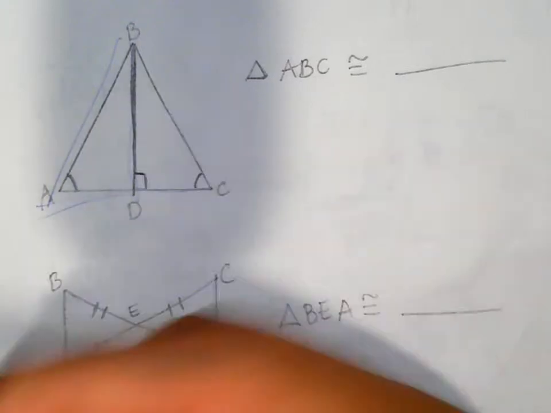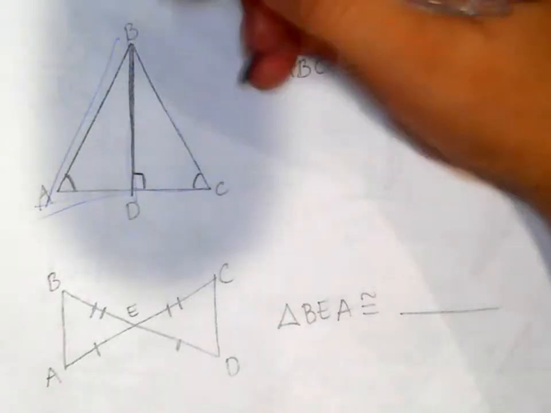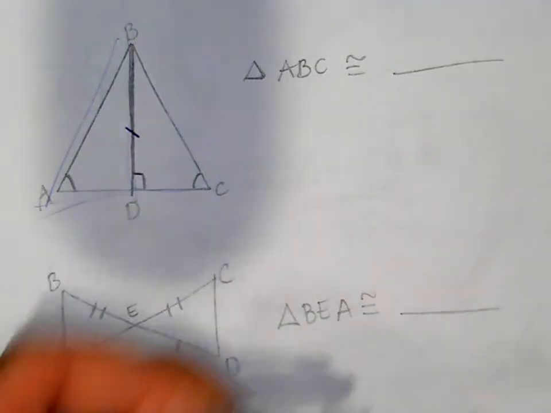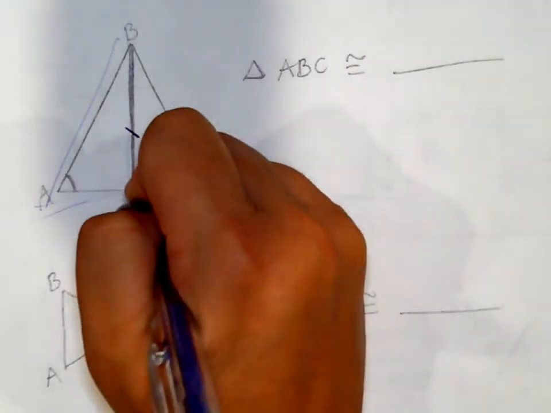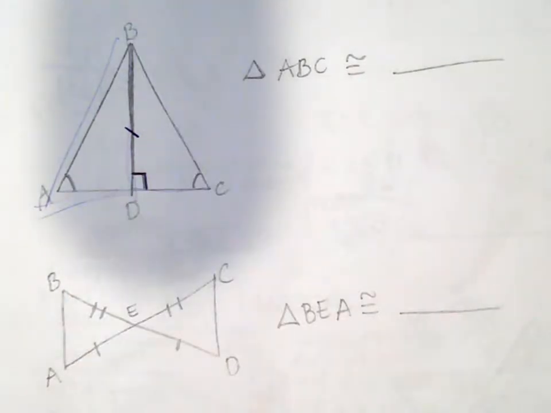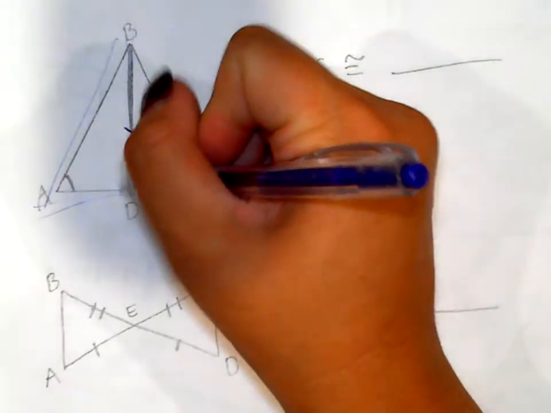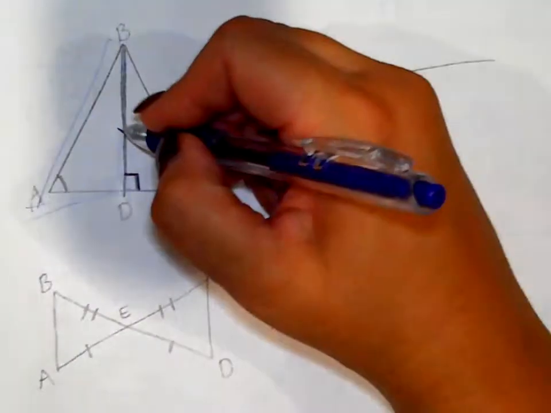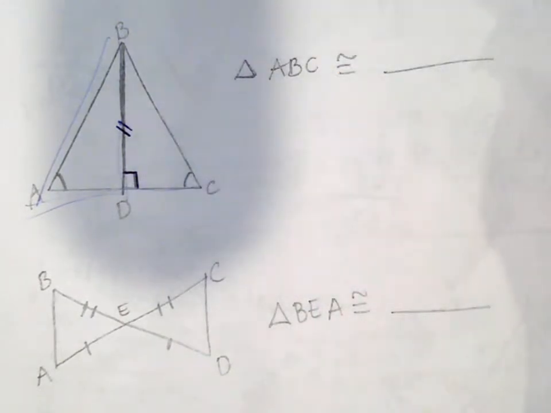What I see is that they share a line segment, so this guy right here is congruent to itself. It's reflexive. This guy right here is a 90-degree angle, which means that this guy has to be a 90-degree angle too, because it equals 180. So what I see is angle, angle, side.